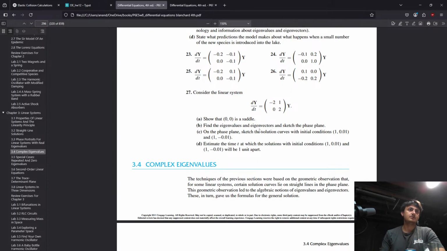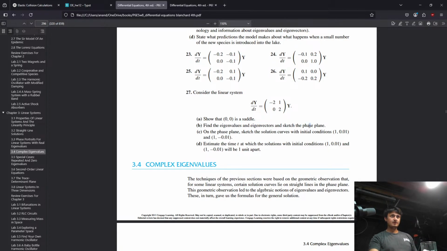Show that it's a saddle. So showing that it's a saddle is just showing that one of the eigenvalues is positive and one's negative. But it has to be a fixed point, so you have to make sure that 0, 0 is a fixed point. But 0, 0 is always a fixed point of any linear homogeneous differential equation, so we're good there.